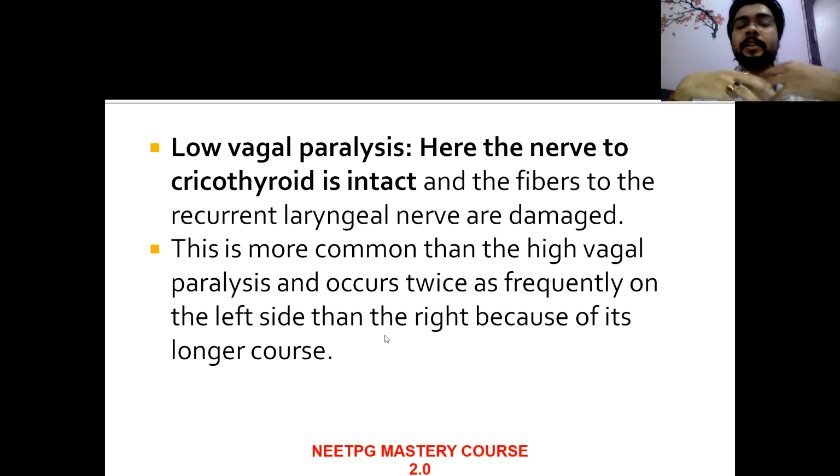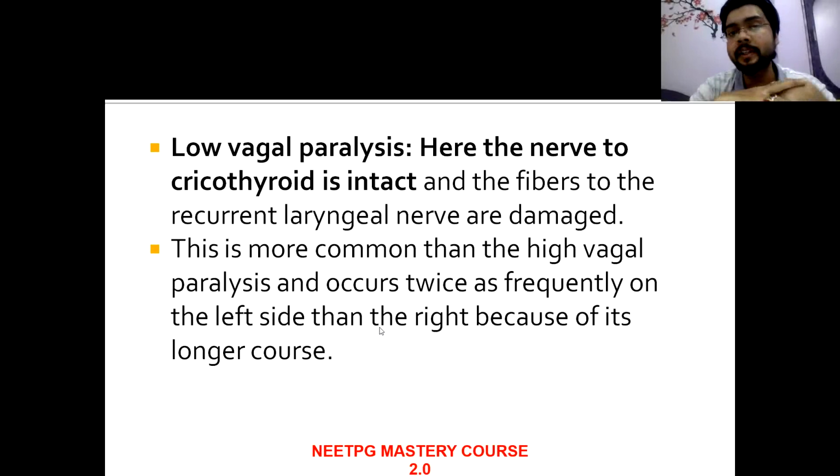So overall, the left recurrent laryngeal nerve is more prone to get palsy or get injured, but in neck surgeries, the right recurrent laryngeal nerve is more prone to injury.